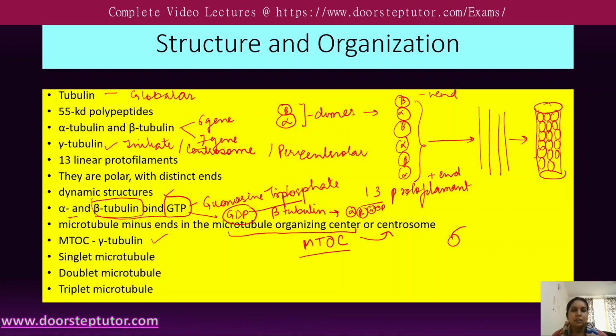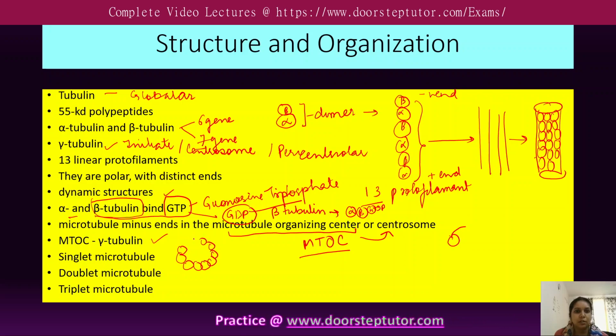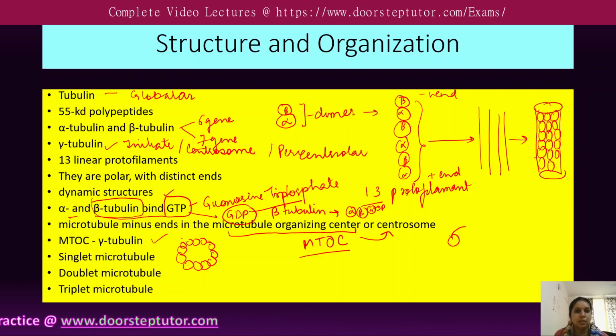Now, a variety of microtubules are present in different patterns. It could be a single microtubule. Single microtubules may consist of 13 protofilament units. Like this, this is 13 protofilaments, suppose, and it is a singlet microtubule.